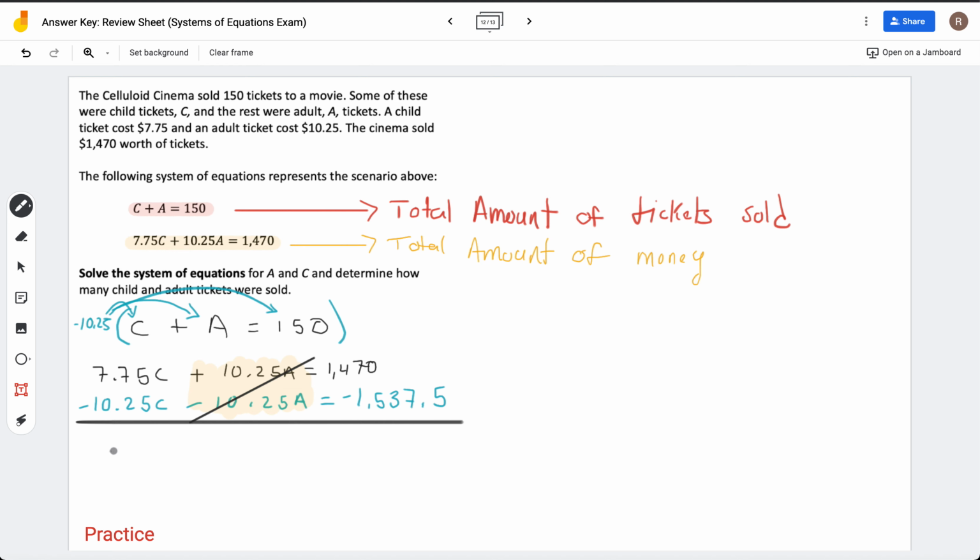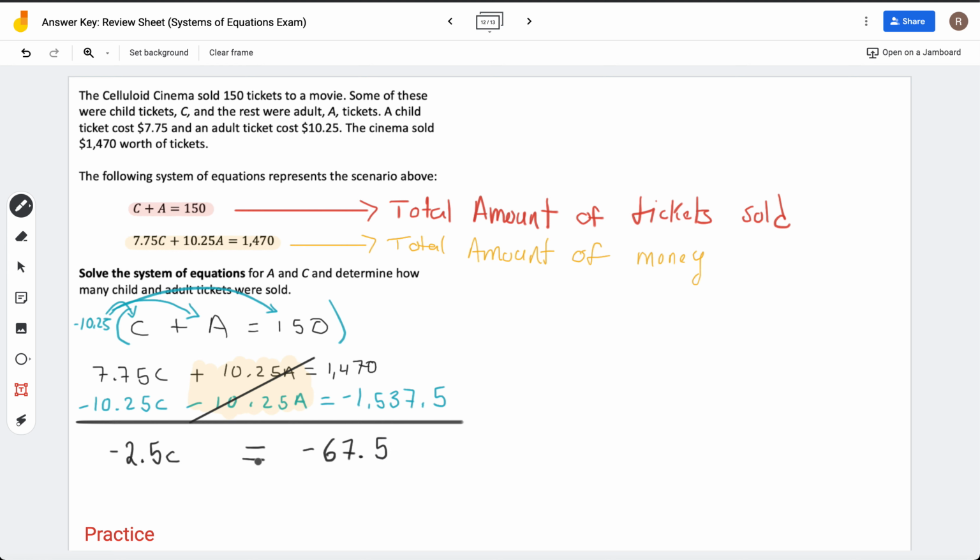This is giving us negative 2.5C, where these are like terms, so we combine them. Then we subtract 1,470 minus 1,537.5, and this gives us negative 67.5.